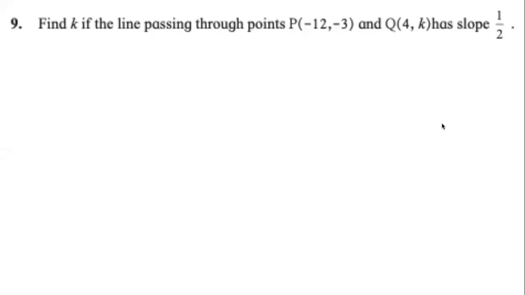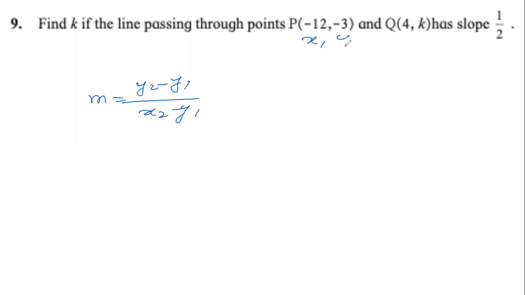Page number 120, and these type of questions we saw only in the last class. Page number 120, it says 2 points are given, slope is given, one of the coordinates is not given, we have to find the coordinate. So using the slope method, slope formula, which is m equals y2 minus y1 by x2 minus x1.